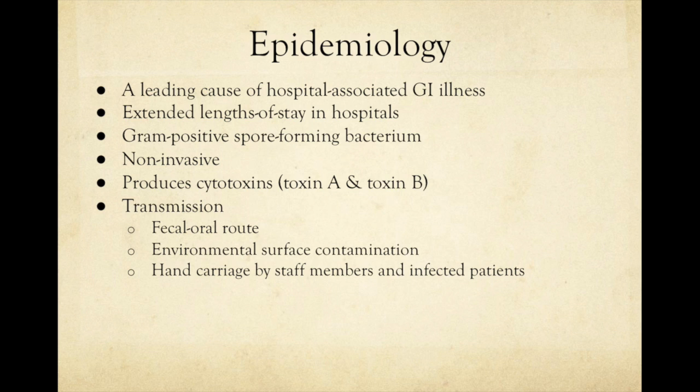And the disease usually ranges from asymptomatic carriage to mild diarrhea, colitis, or even pseudomembranous colitis. Transmission within healthcare facilities largely results from horizontal transmission, so via environmental surface contamination, hand carriage by hospital personnel, and other infected persons as well.